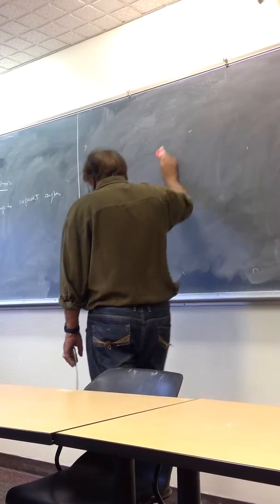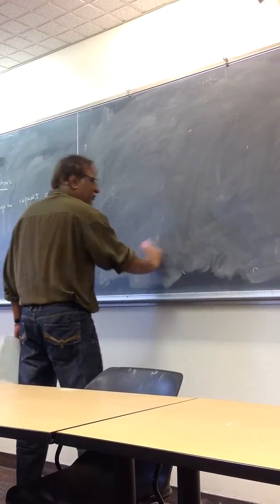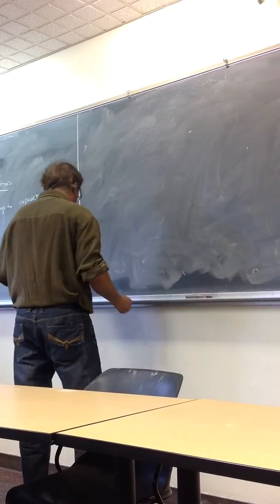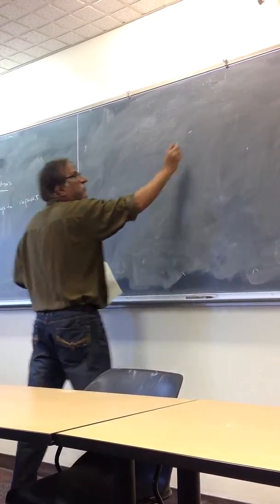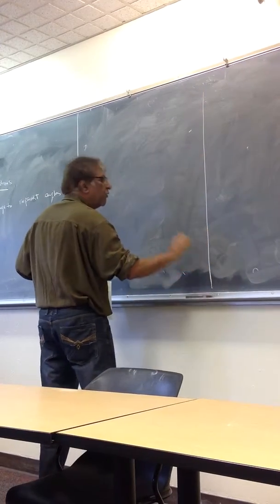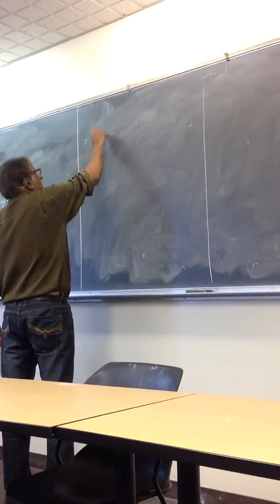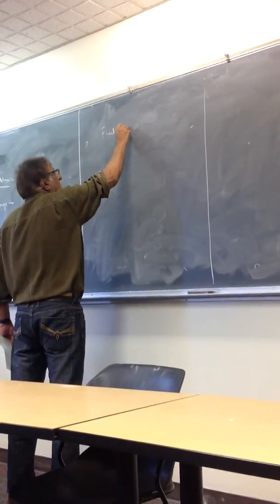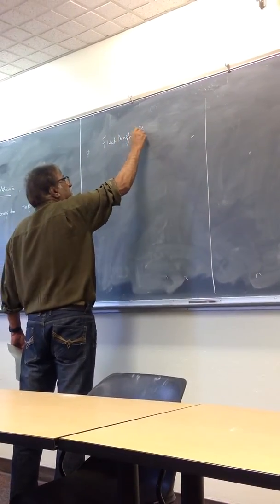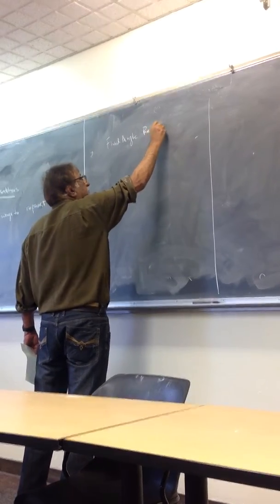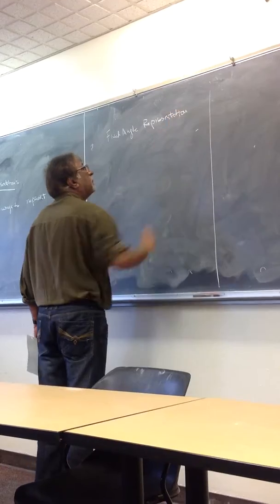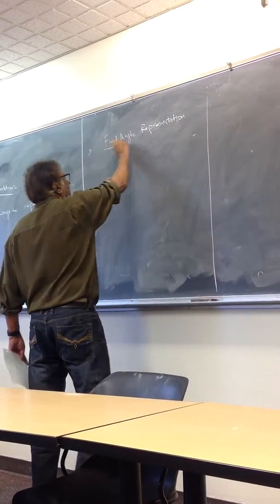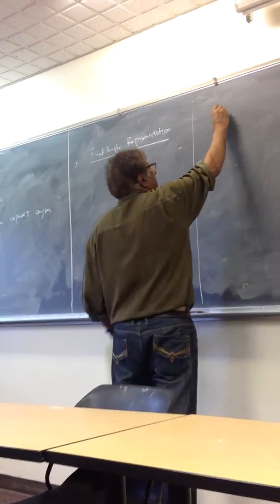The two of the ways to represent angles is what is called the fixed angle representation. So let's look at this. I'm going to draw here a line, and I'm going to call it fixed angle representation. And then you have the relative angle representation.